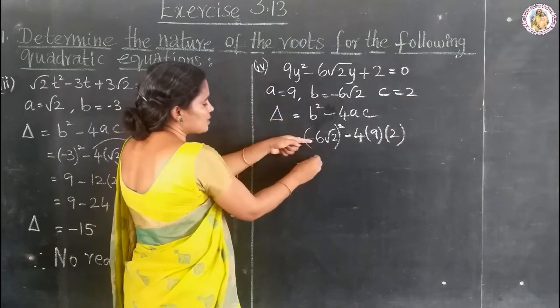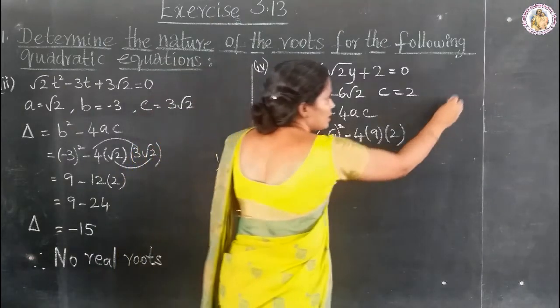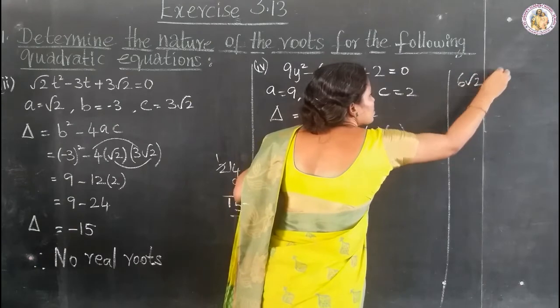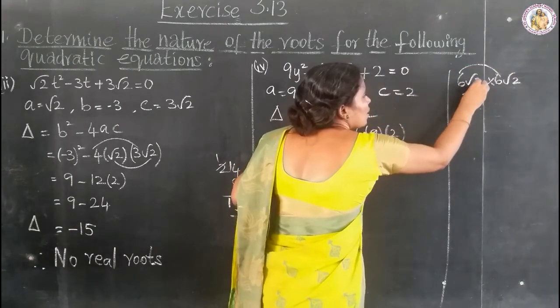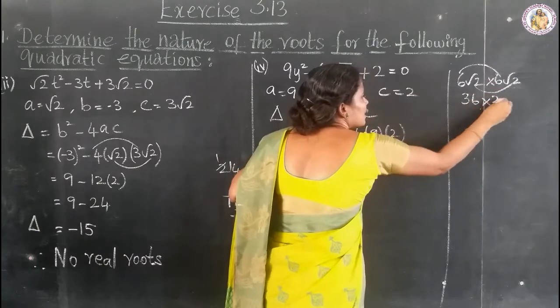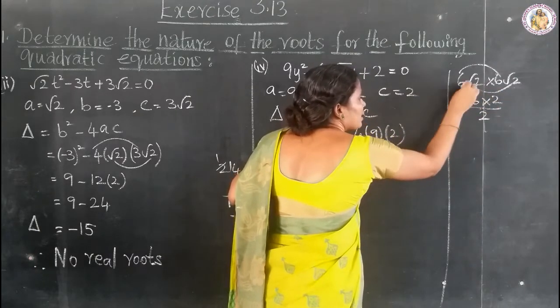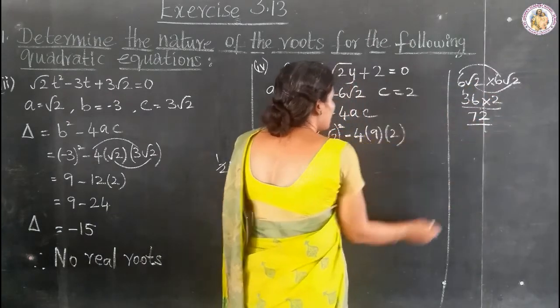6 into 6, 36, root 2 into root 2, 2. So 6 root 2 into 6 root 2, 6 into 6, 36, root 2 times root 2, 2. So 36 into 2, 72.